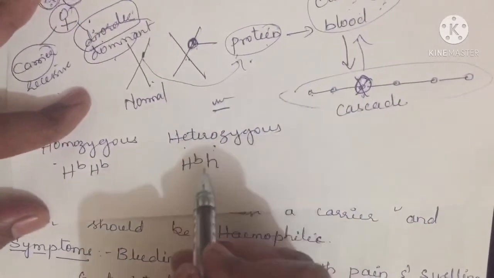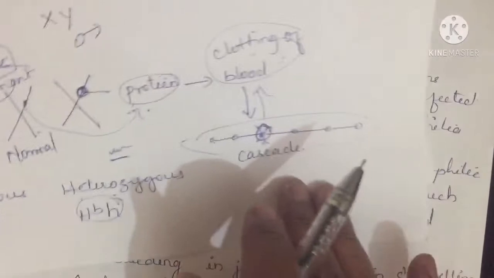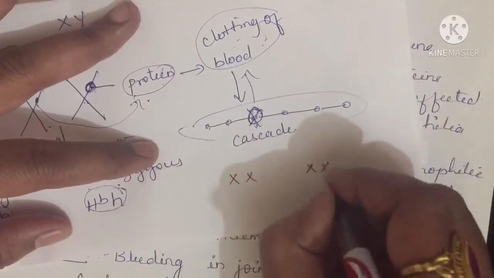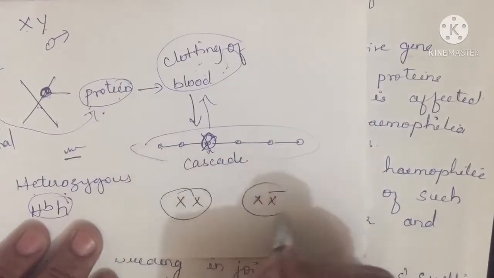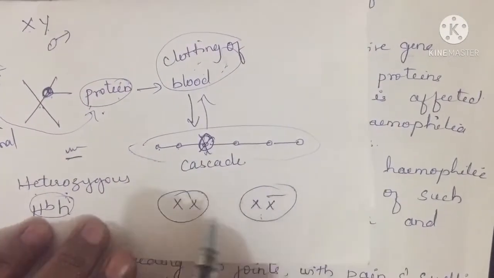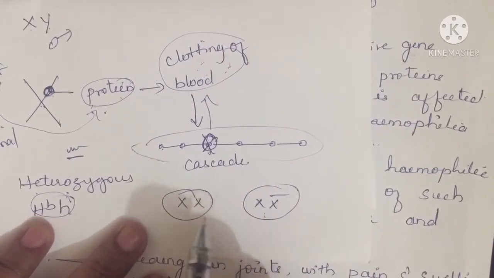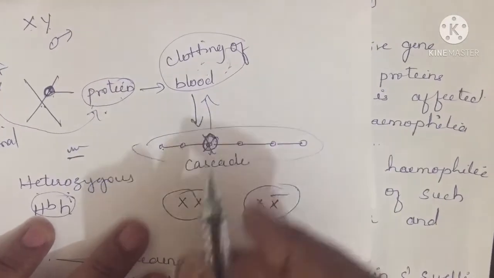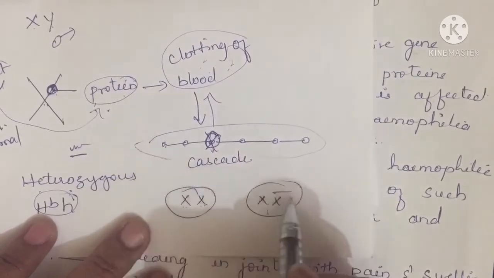We can use this, or I will use XX and XX dash. Now this one is homozygous, this one is heterozygous. Why am I using X? Because it is an X-linked recessive disease, and it is found in females. It is getting transmitted from females. So this one, XX, is the homozygous condition, and this one is heterozygous.